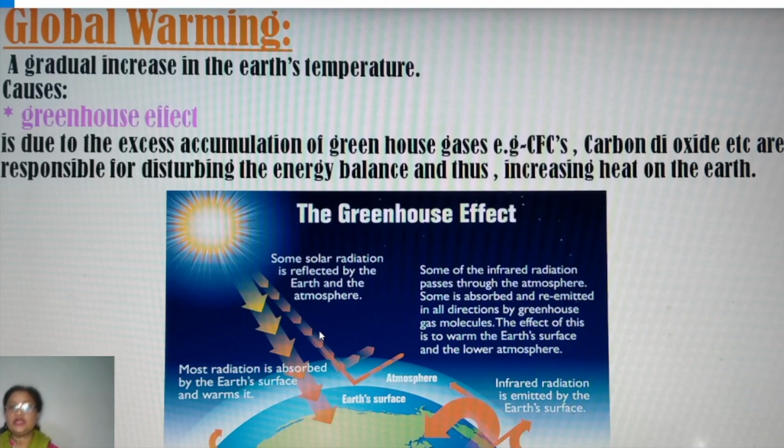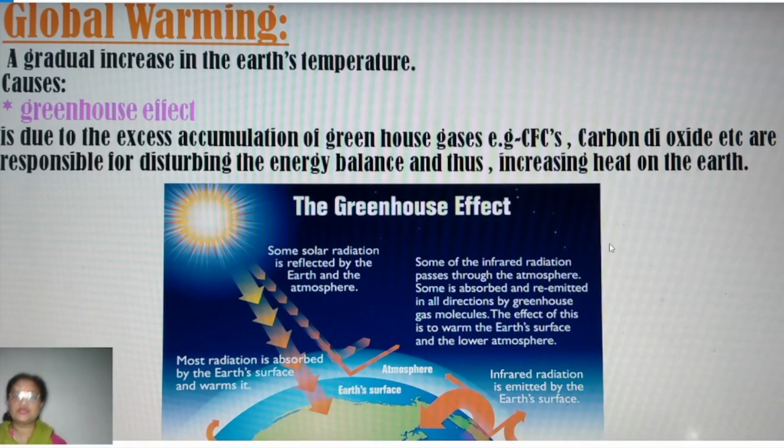Now in this ozonosphere, you'll find ozone gas spreading over this entire belt, and it is present naturally. Again, I'm telling you, it is present naturally. The ozone which is present in the atmosphere can be of two types: one is called bad ozone and one is called good ozone, right?